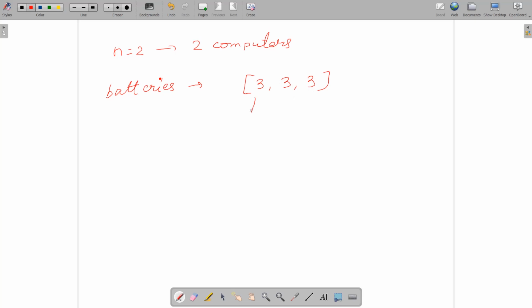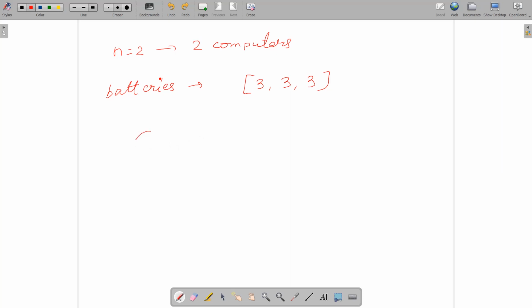The very first battery gives charge for 3 minutes, the second battery also gives a charge for 3 minutes, and similarly the third. We can charge any computer with any battery that we want, and we want all the n computers to run simultaneously, and we want to know how long they can run simultaneously.